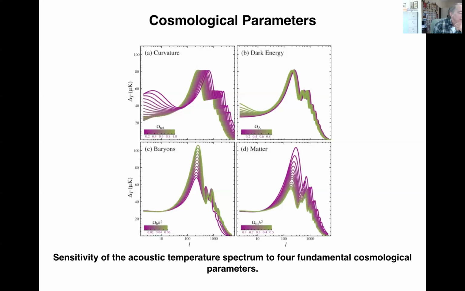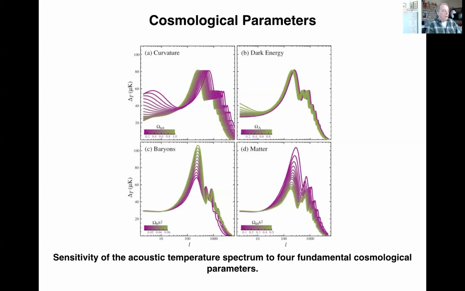And on the lower right, you vary the dark energy, and you get these different possibilities, again, which you would have to compare with experiments. So you're fitting all these parameters to the spectrum that you get from these experiments.